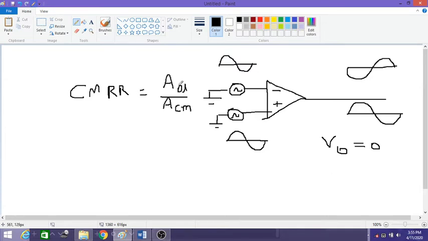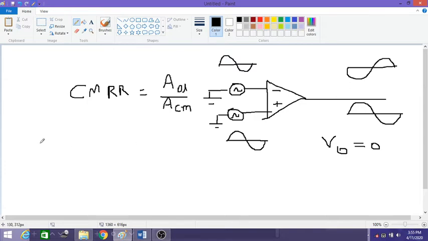CMRR is defined as the ratio of AOL by ACM. The common mode rejection ratio is the ability of an op-amp to reject unwanted signals of the same polarity which appear at both the inputs.